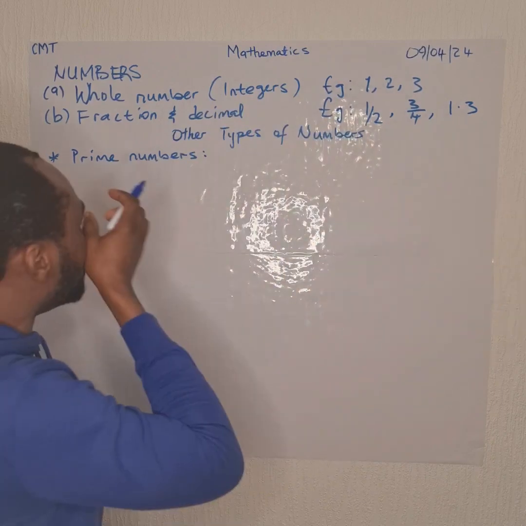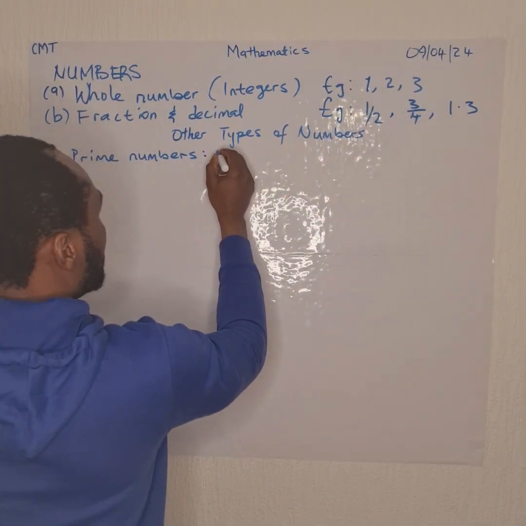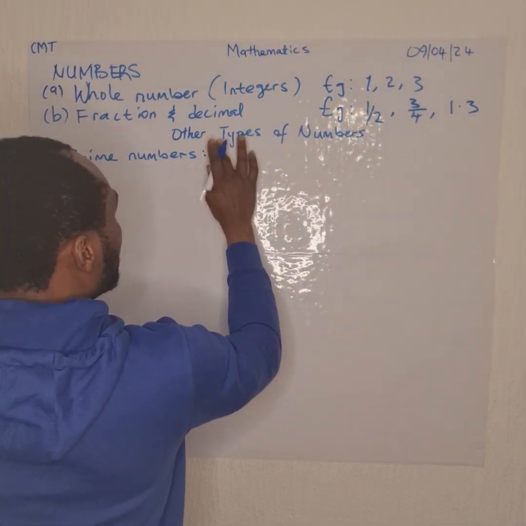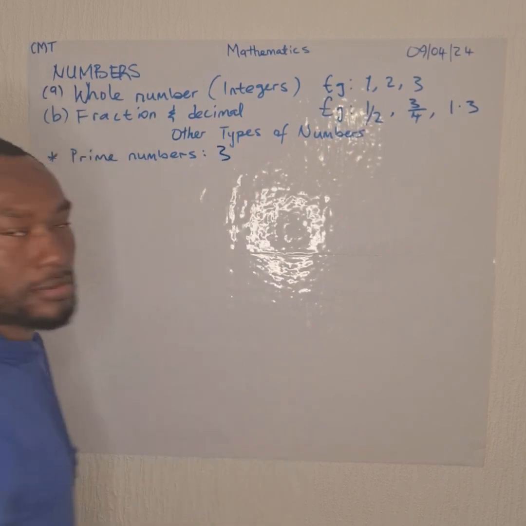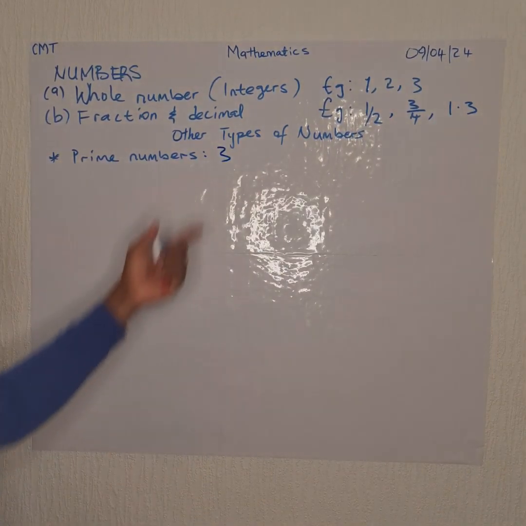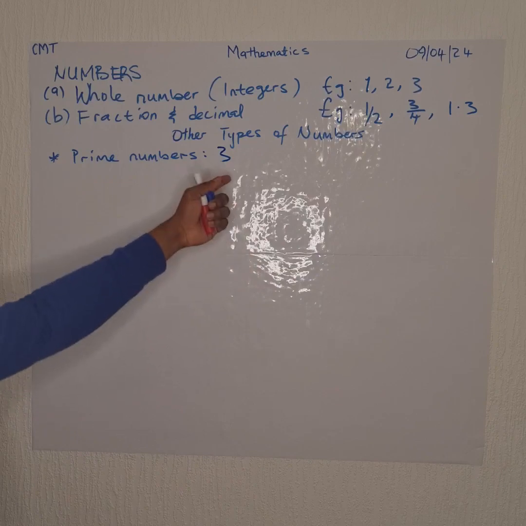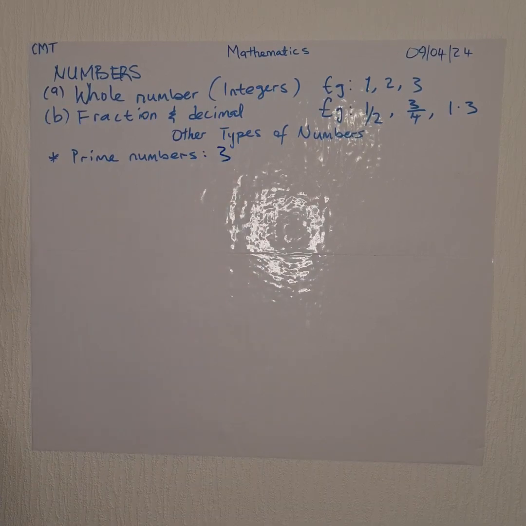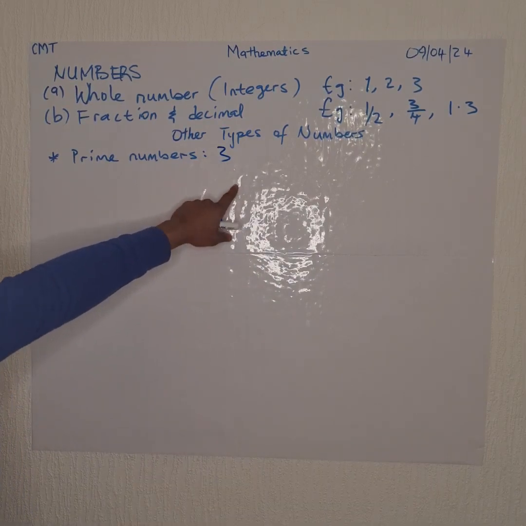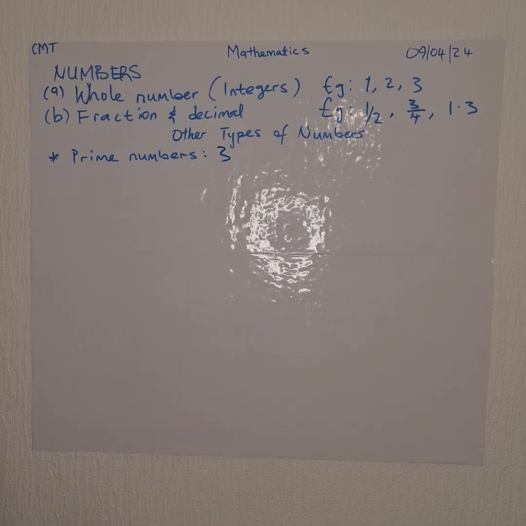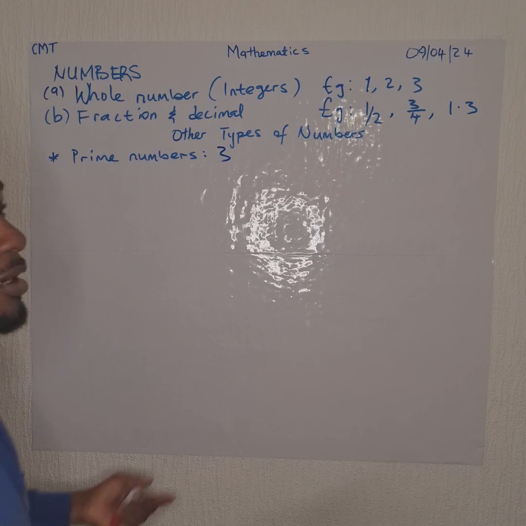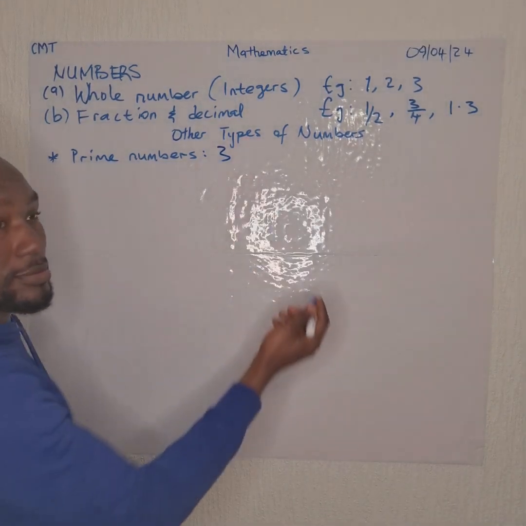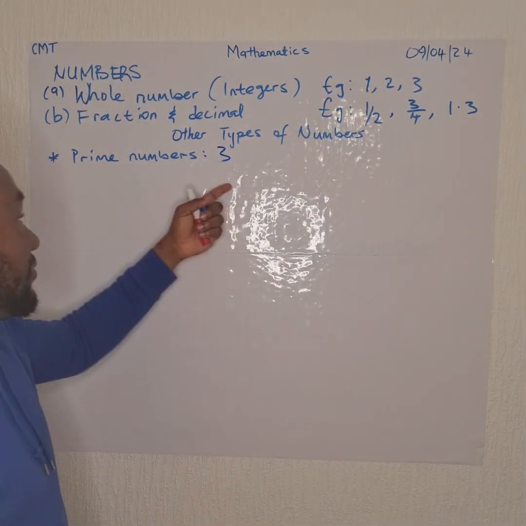For example, 3. First, is 3 greater than 1? Yes. Second, what numbers can divide 3 with no remainder? 3/1 is 3, or 3/3 is 1.